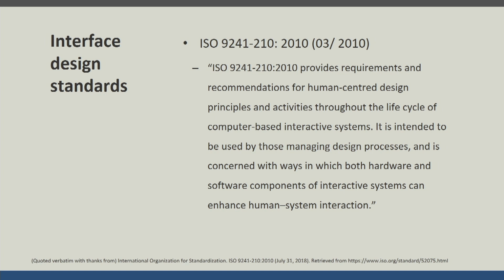So ISO 9241-210:2010 provides requirements and recommendations for human-centered design principles and activities throughout the life cycle of computer-based interactive systems. It is intended to be used by those managing design processes and is concerned with ways in which both hardware and software components of interactive systems can enhance human system interaction.